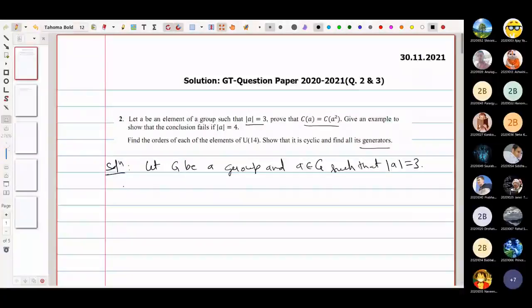Then we need to prove that the centralizer of A is equal to the centralizer of A square.